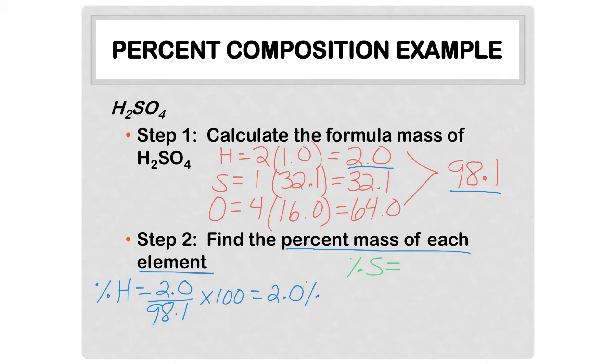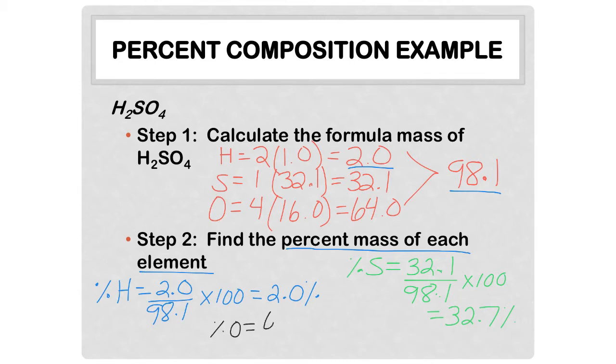All right, we can do the same thing to find the percentage of sulfur. So we would take the mass of sulfur, 32.1, over the mass of the whole compound, which is 98.1, times 100, and put that into our calculator. And that gives us 32.7%. And then lastly, we have to find the percentage of oxygen.